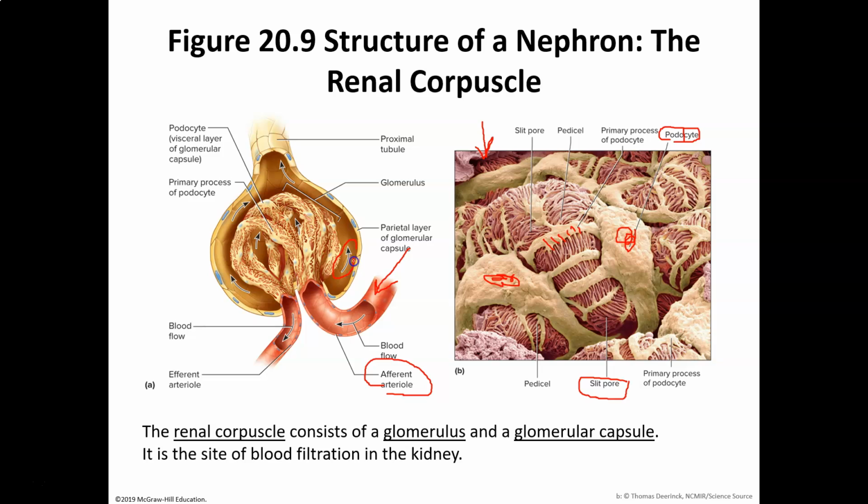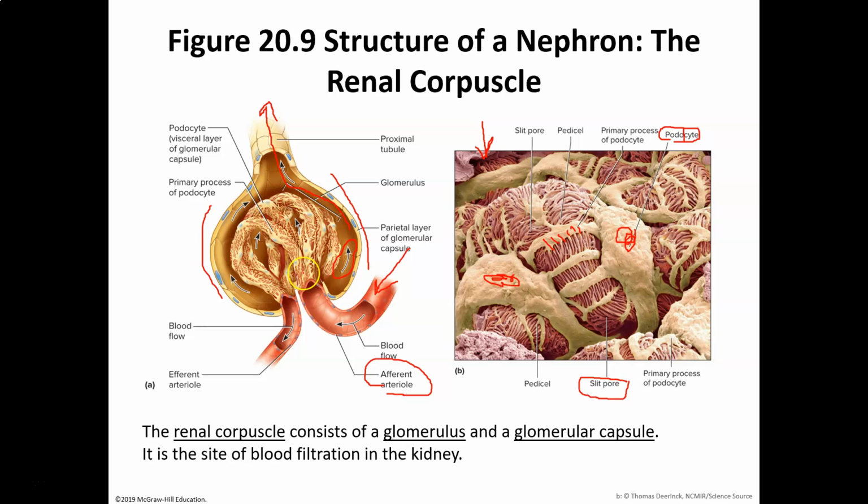Some stuff gets literally filtered into this area, and of course this whole thing is Bowman's capsule. Whatever gets filtered into there ends up going in that direction, into the tubular system of the nephron. We'll talk about how that all works, but that's how stuff gets in there.